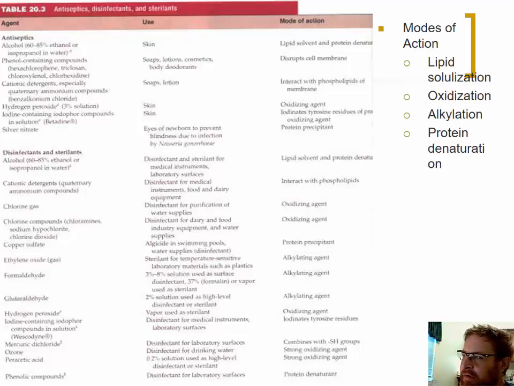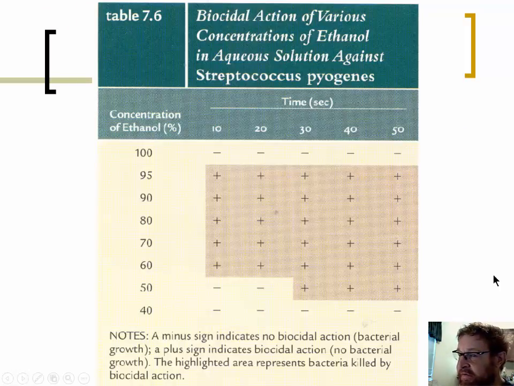And again, we have a number of different things that we can use as antiseptics. But here's a very specific example of how the concentration of different amounts of ethanol will affect the killing of the specific bacteria Streptococcus pyogenes. Streptococcus pyogenes is the causative agent of strep throat.